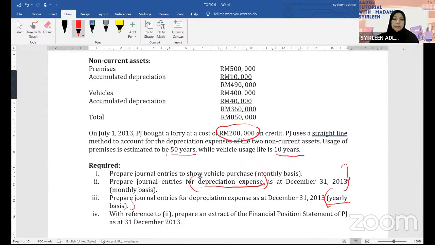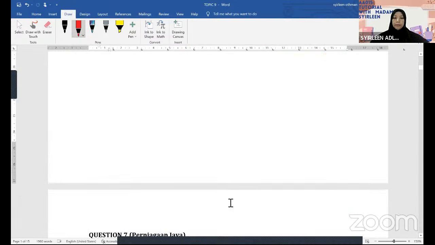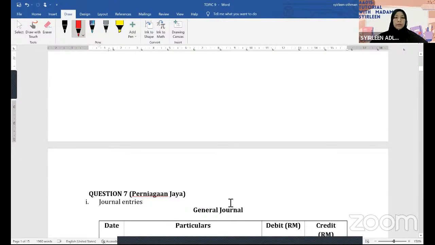Alright, okay, so last kali kita akan buat dia punya financial position lah, which is just the abstract, just the place where you record your non-current asset in the financial position. Okay, alright. So kita tengok soalan jawapan. Okay, the first one you are supposed to record the purchase of the vehicles.